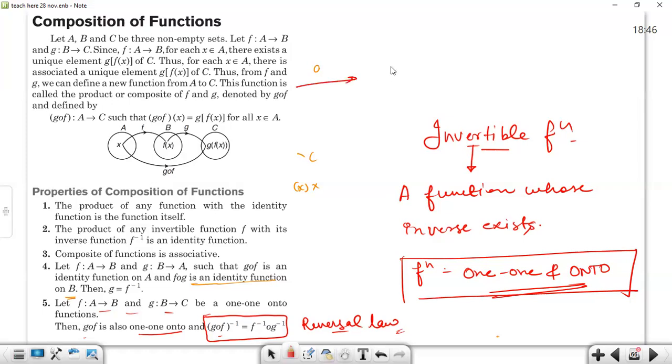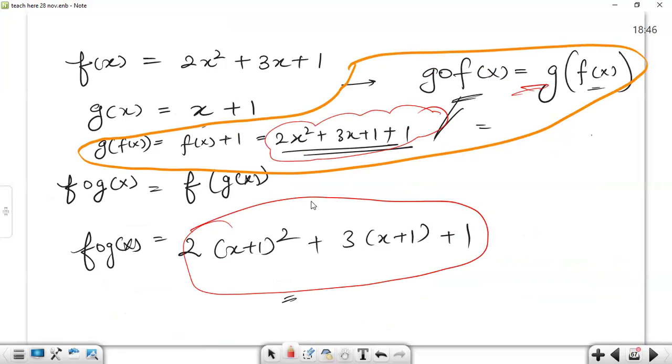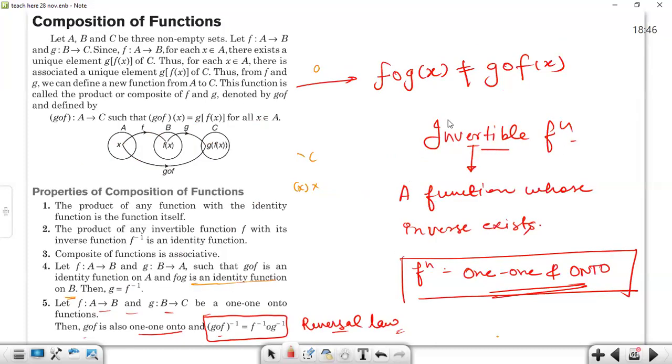And one more thing: f of g of x is not equal to g of f of x. As here also we have seen g of f of x was this, and f of g of x is this. So they are both different, right? That's why we have written it.